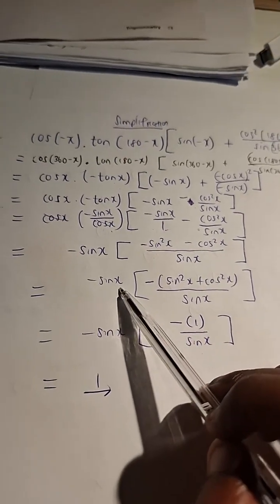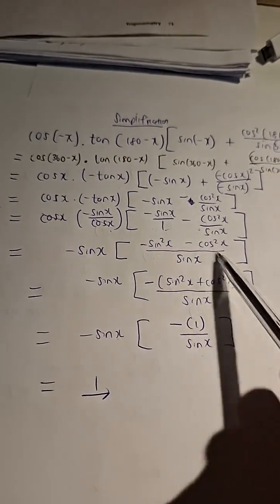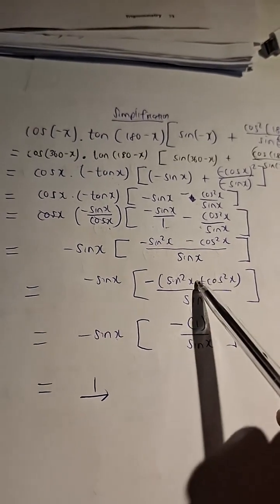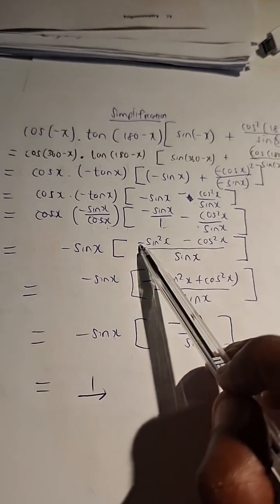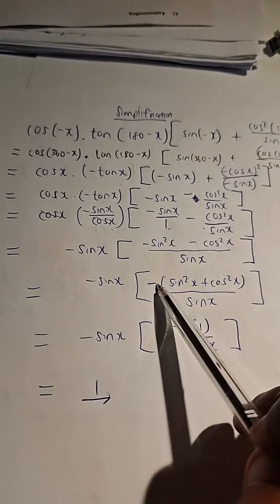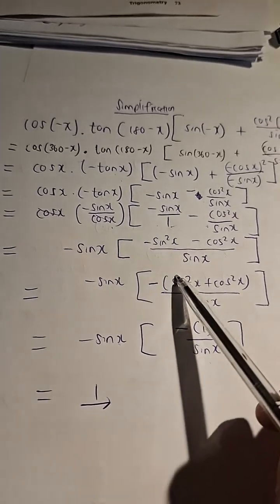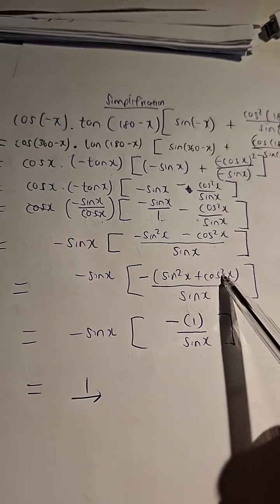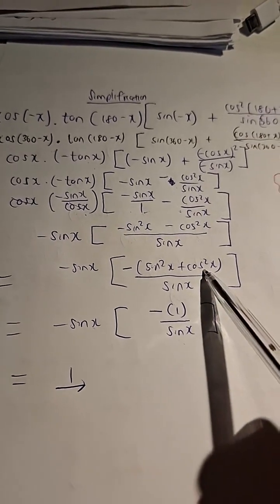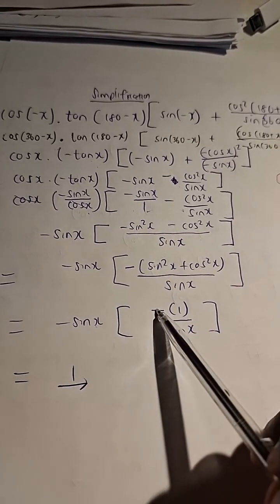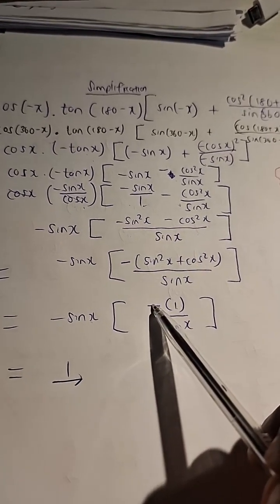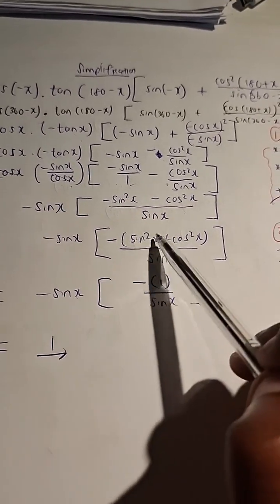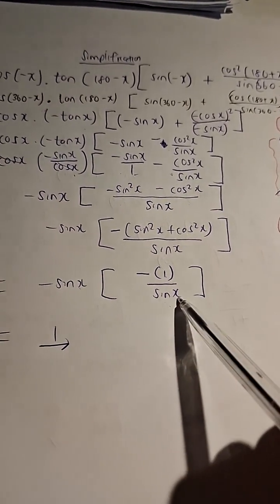Now this negative sine x is ready to get multiplied here, but we need to simplify what's inside. So we take out a negative sign because we can factorize. We take out the negative sign, and we're left with sine squared x plus cos squared x. This is the identity, which gives you 1, but it's negative. And then over sine x, there it is.